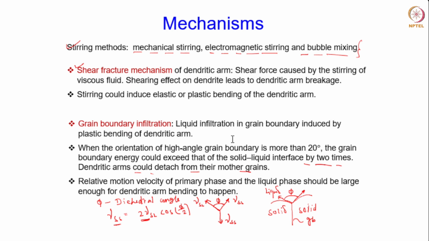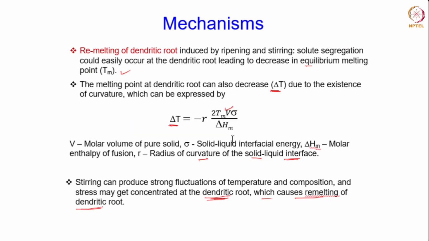Then we talked about another mechanism which occurs through the remelting of the dendritic roots as a result of segregation of solute atoms, leading to a decrease in the melting point.